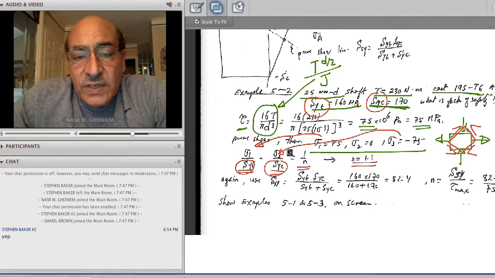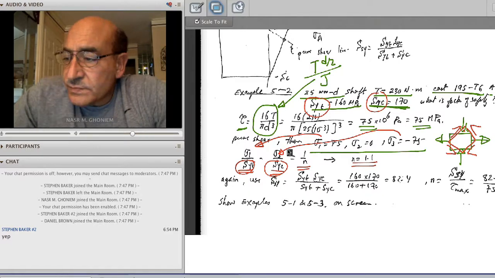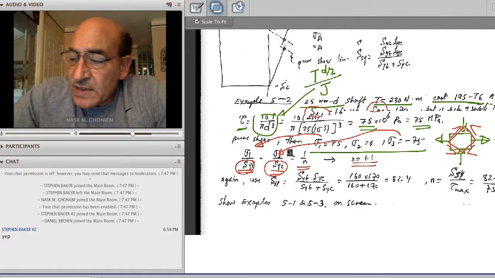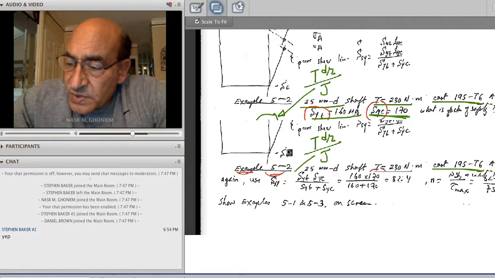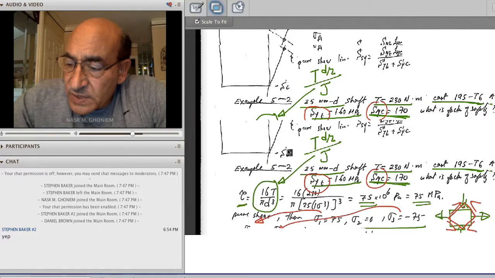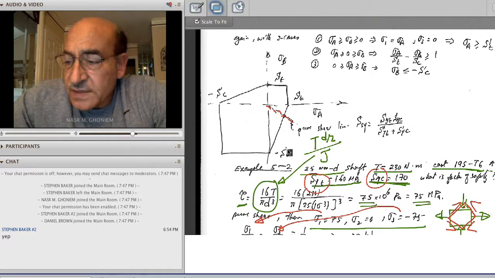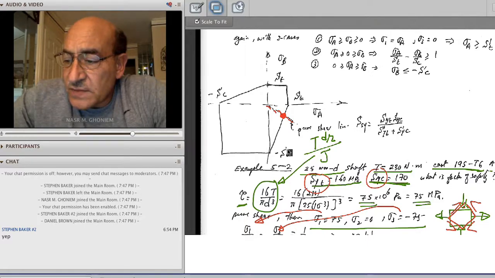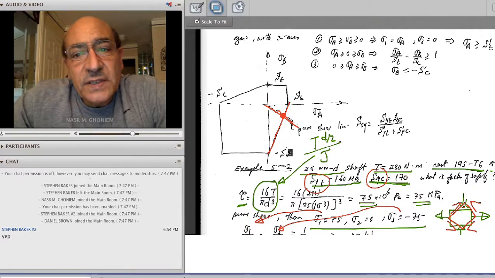Another way to do it is to look at the graph. When you have pure shear, the load line is at 45 degrees, like this. So the load line will intersect the equation describing the yield boundary at a point. We have one straight line at 45 degrees, and another straight line for which we have the equation.